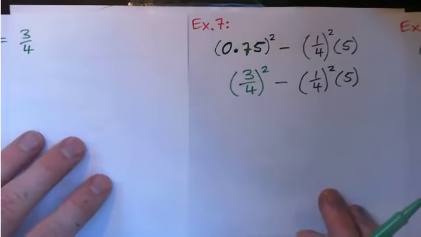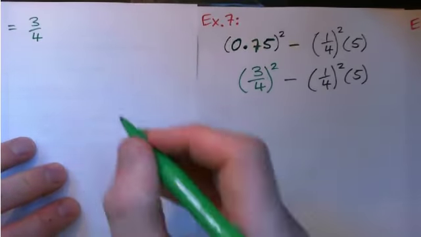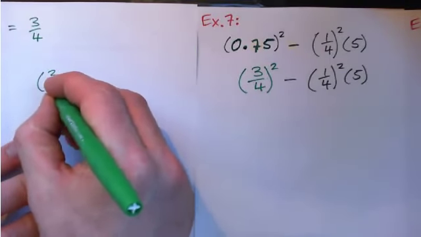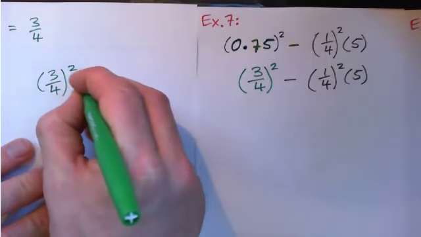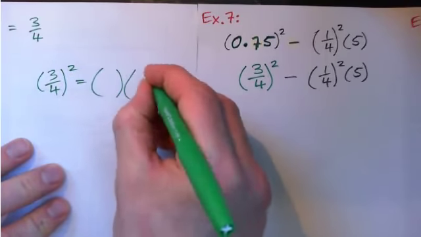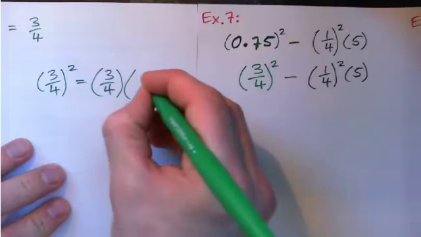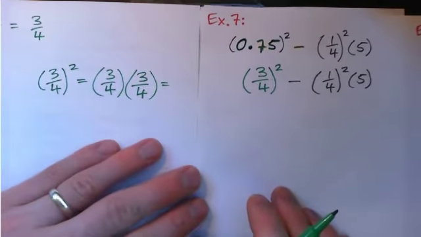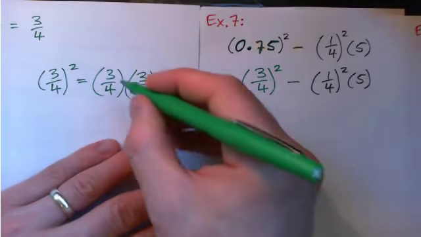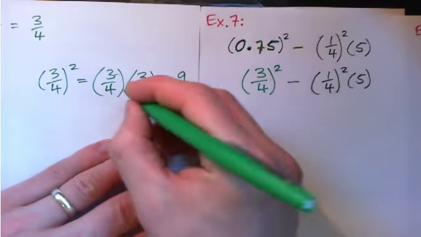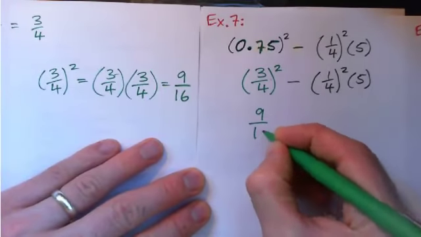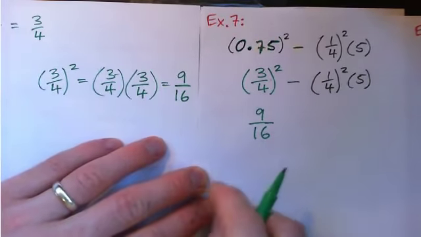So 3/4 squared is 3/4 times itself, isn't it? What does that give you? 3 times 3 is 9, 4 times 4 is 16. So here we have 9 over 16, right? What's 1/4 squared?